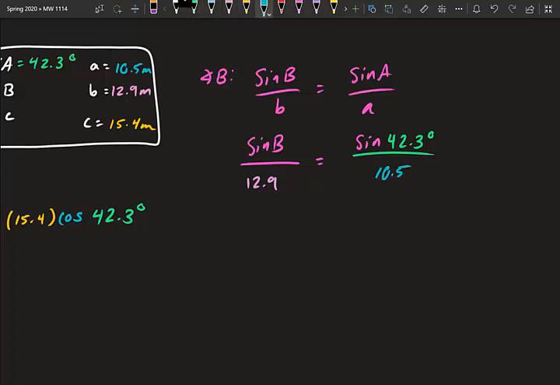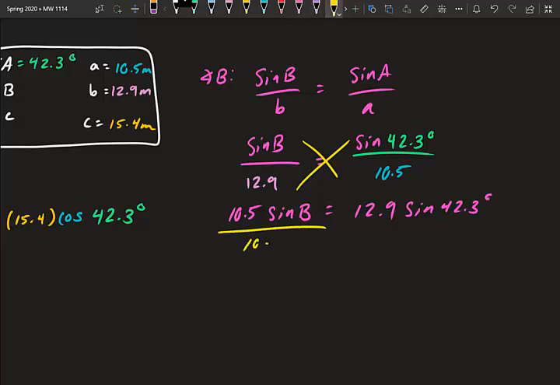All right, by now, you know you cross multiply. So we cross multiply. And when we do, we get 10.5 sine B equals 12.9 sine 42.3. We divide by 10.5.